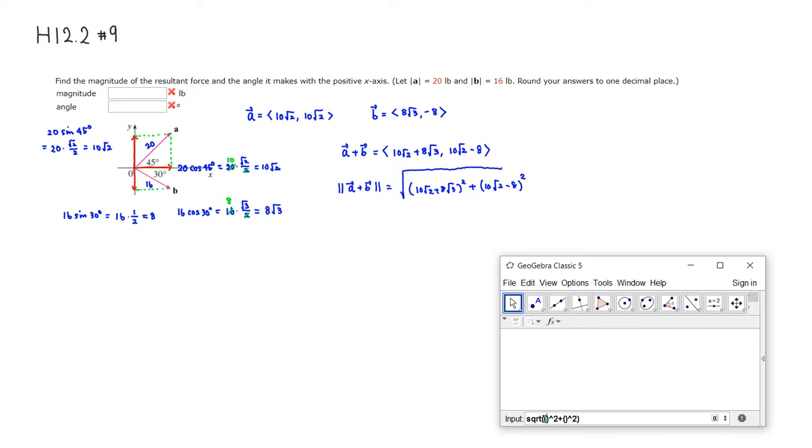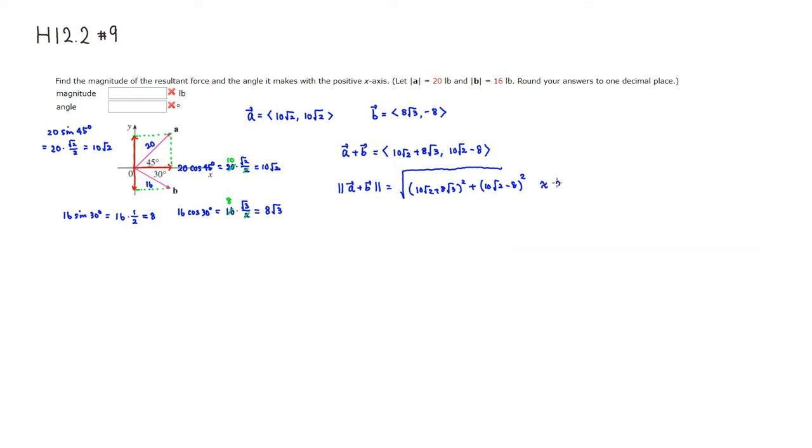We're going to have 10 square root of 2 plus 8 square root of 3 in there, and then 10 square root of 2 minus 8. Let's hit enter. It came out to be 28.66, so I'm going to say 28.7 pounds.